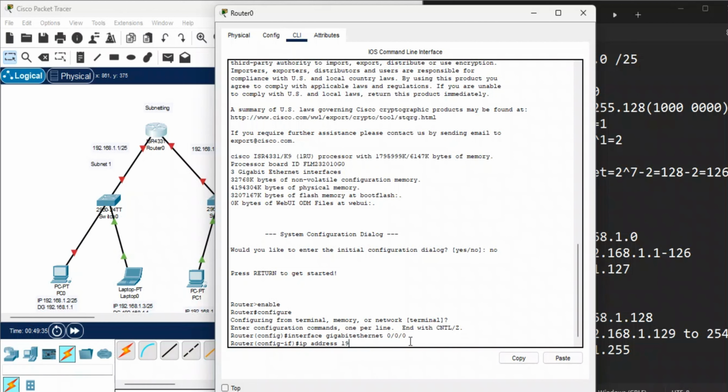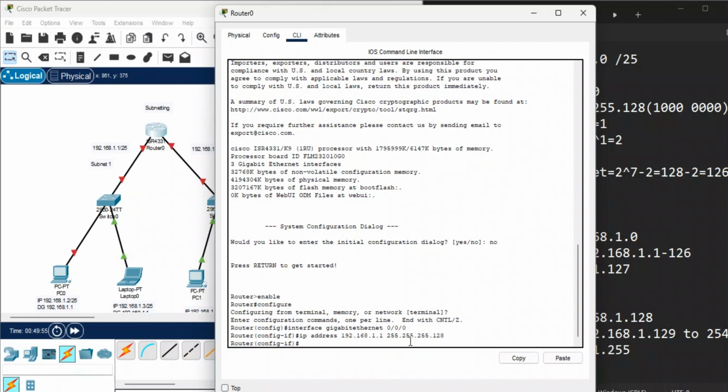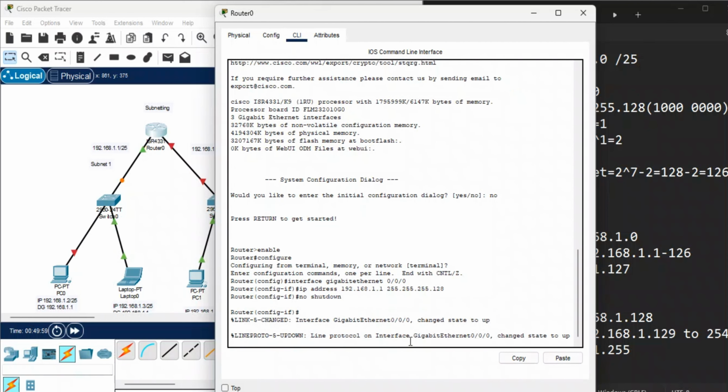IP address 192.168.1.1, subnet mask 255.255.255.128. Yes. No shutdown.